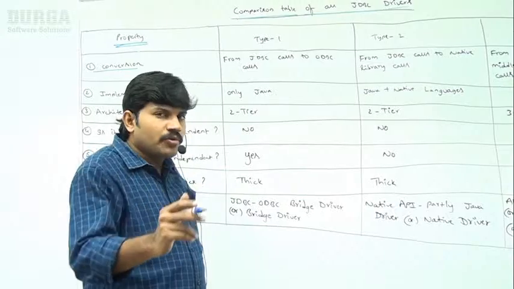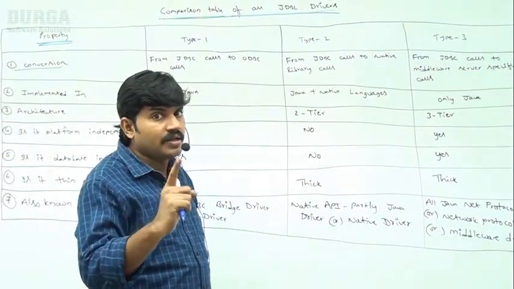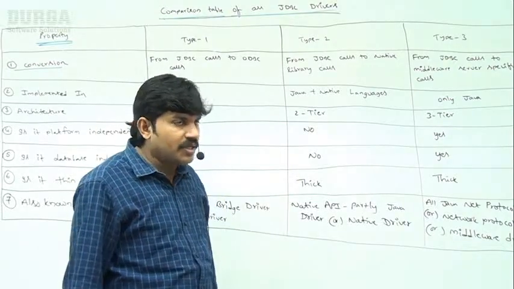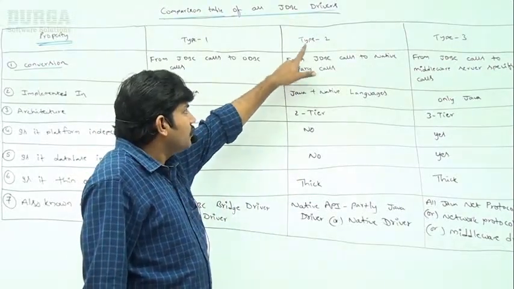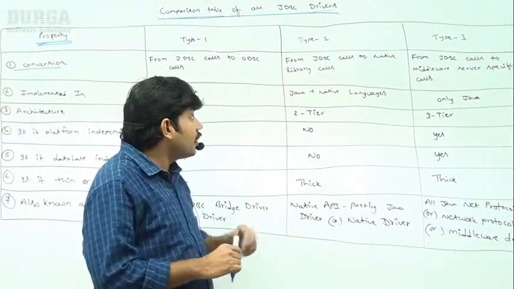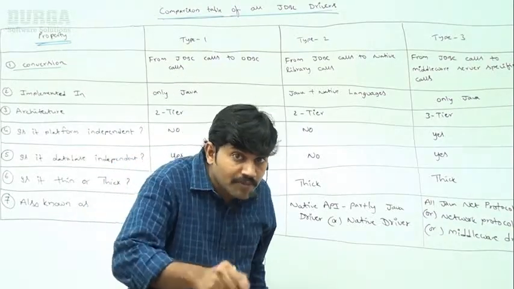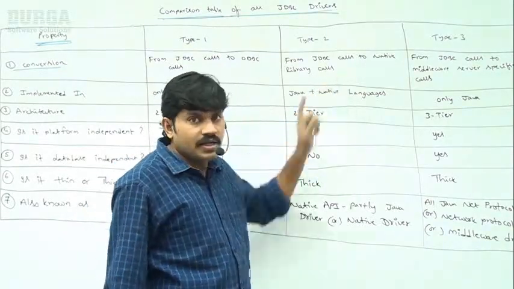But what about the type 2 driver? Sir, whenever I am talking, the architecture diagram should already be in your mind. Type 2 driver converts JDBC calls to native library calls, database specific native library calls, which can be understood by the database engine.